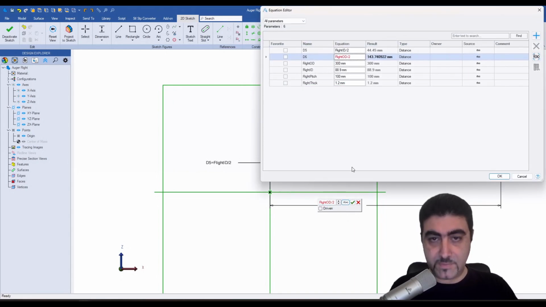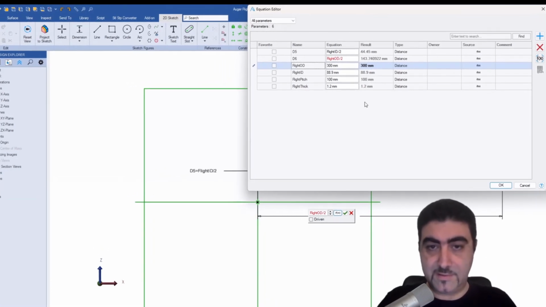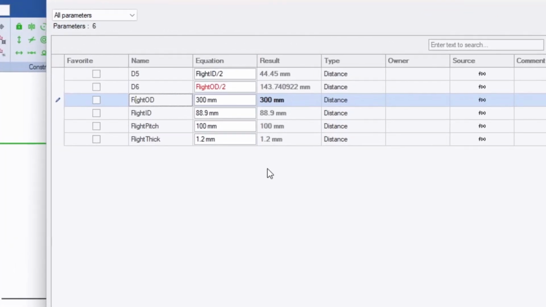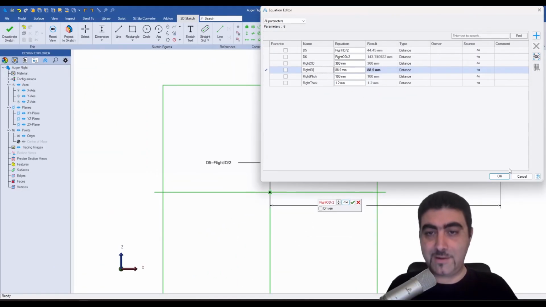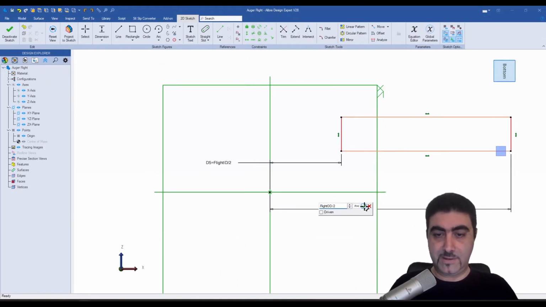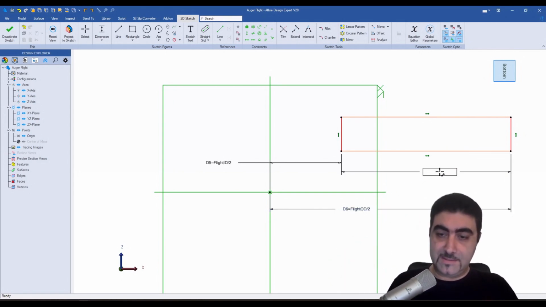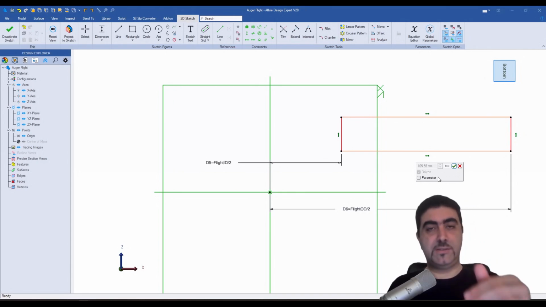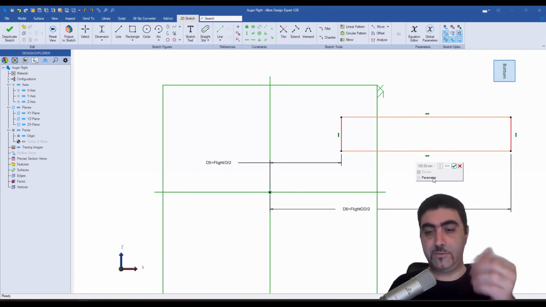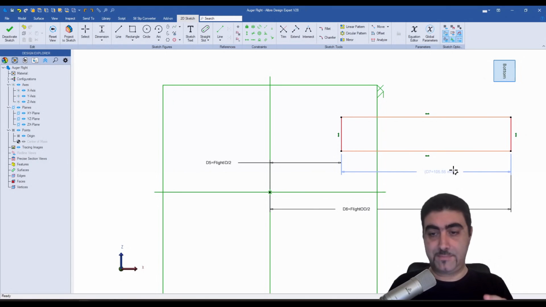I've made a spelling error here, which when I correct it, this red equation is not going to be red anymore. There you go. I'll click OK, and I'll click OK here. Now this, which is a driven value, is a parameter now.